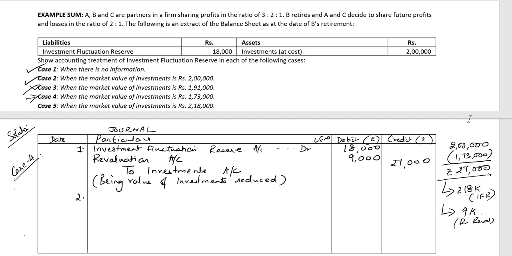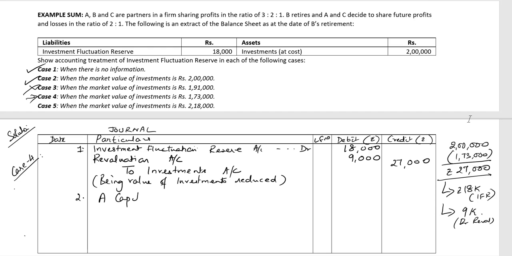Now we've debited the revaluation account with rupees 9,000. It results in a loss on revaluation. Any loss on revaluation should be distributed among all partners in OPSR. So that's the next journal entry.